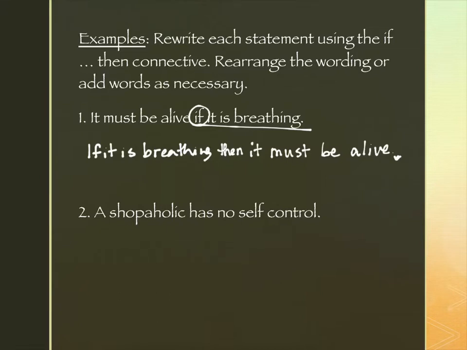And then we have things like number 2, where there's just not an if at all. But if it's an if-then statement, it's just not written. So it says, a shopaholic has no self-control. All right? So there's several things that we could do. If you were looking at these inside of MyMathLab, they're probably going to be done as a multiple choice.